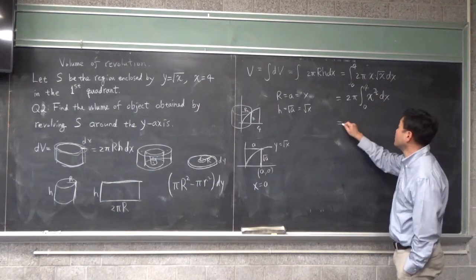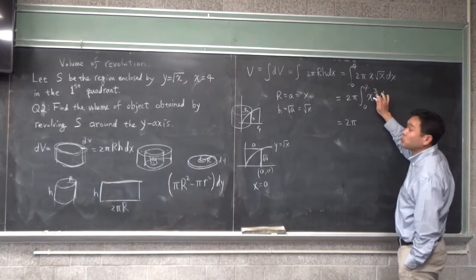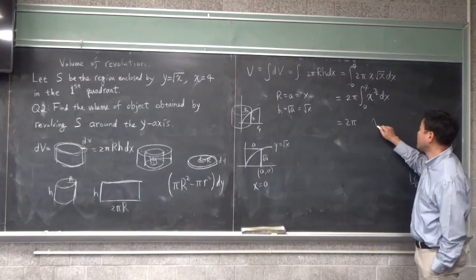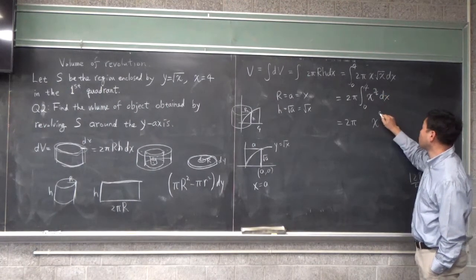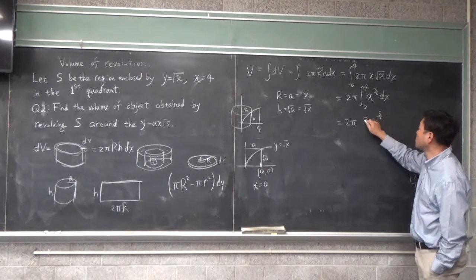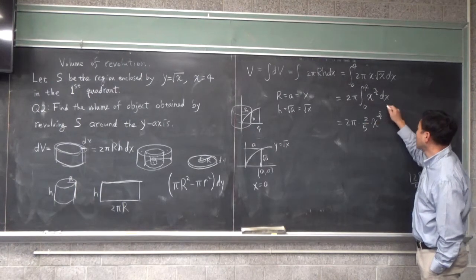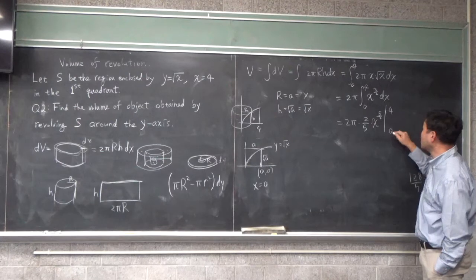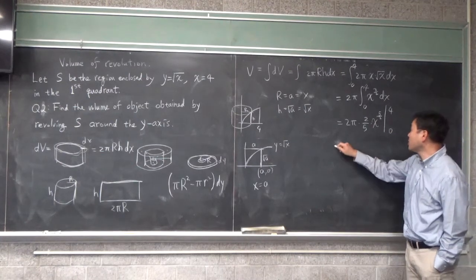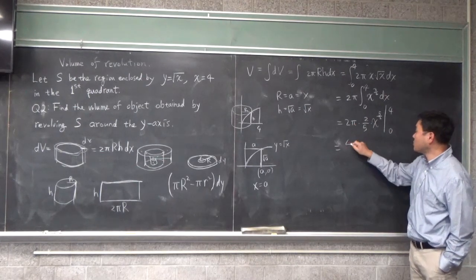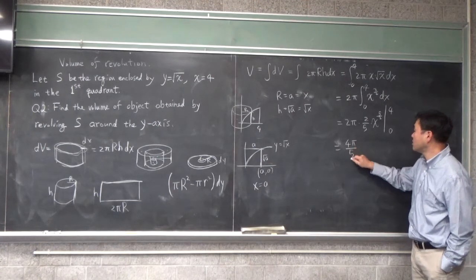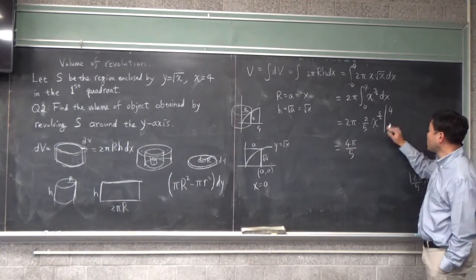Next, you add 1 to the exponent. What do you get? 5 over 2. Then put the reciprocal, 2 over 5. And then you plug in 4 and 0. So we're almost there. This is 4 pi over 5. And 4 is 2 squared.